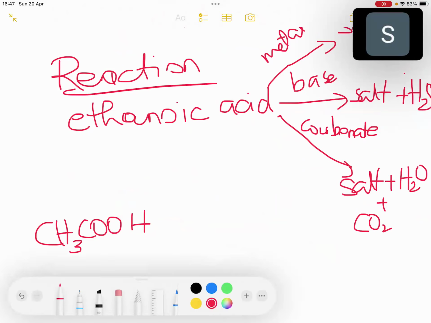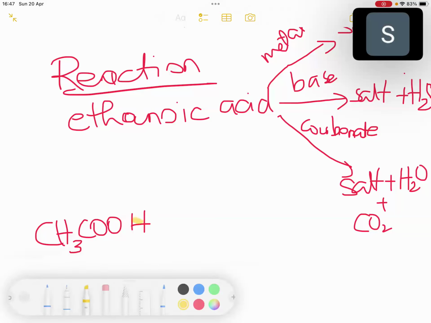So acids are substances which dissolve in water to form H plus ions as the only positive ions. So this hydrogen is the acidic hydrogen. So this is the only hydrogen that is replaced when an acid reacts with a metal or a base or a carbonate. This is the H that is replaced.